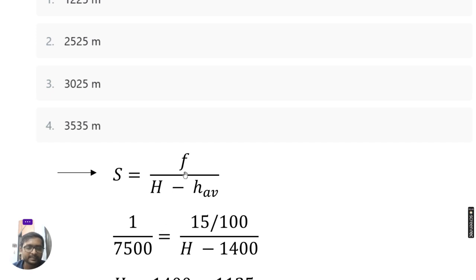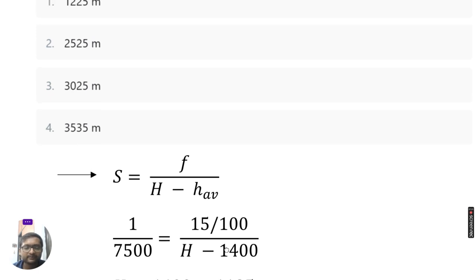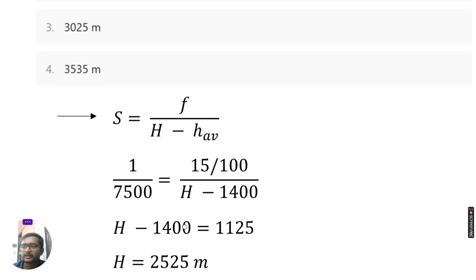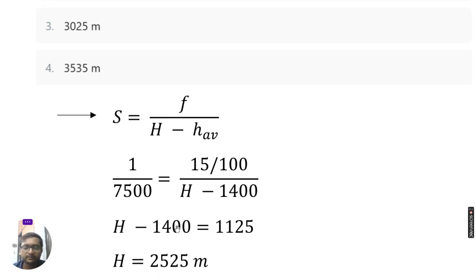Then the focal length is given as 15 centimeter, so we convert from centimeter to meter, that's why we are dividing by 100. Then H is not given to us, and the average elevation of the terrain is given as 1400. Now we'll simplify this. We get H minus 1400 is equivalent to 1125, which means H is equal to 2525 meter.